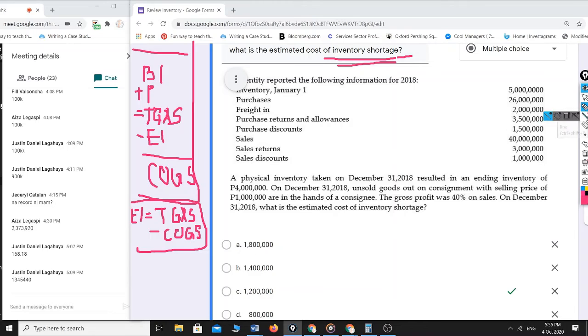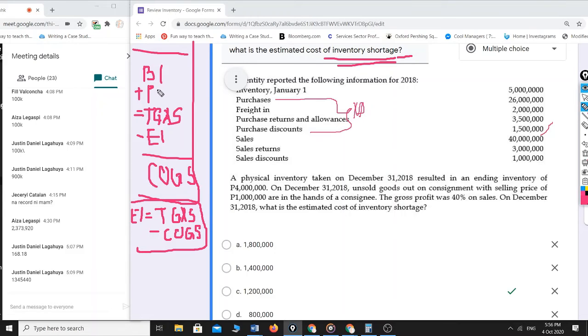Okay? We have beginning inventory, 5 million. We have purchases, 26 million, with 2 million freight in, minus purchase returns and allowances and purchase discount, 1.5 million. So if we follow that one, this is what we refer to as net purchases.